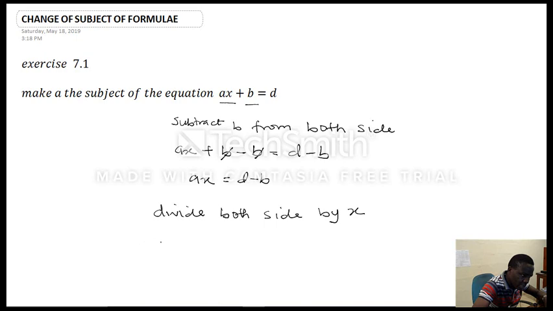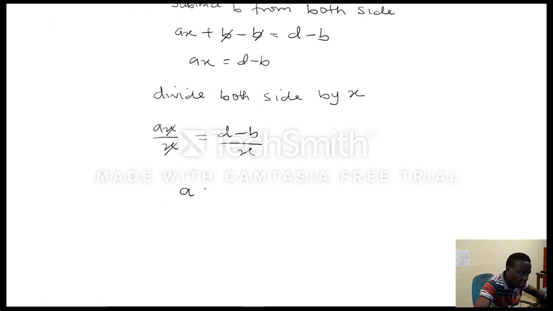So by doing that, we are going to have ax over x is equal to d minus b over x. x will cancel x, and we have a to be equal to d minus b over x. So this is making a the subject of the formula.